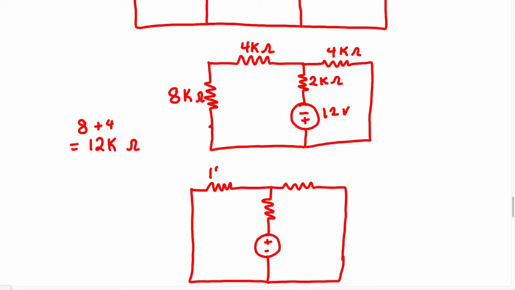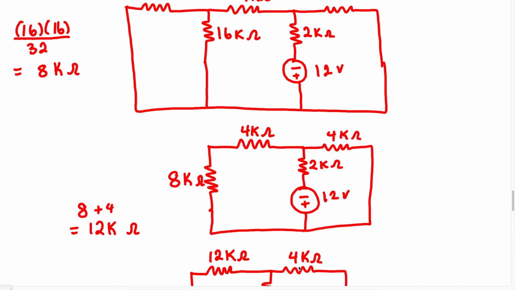So we have 12 kilo ohm, we have a 2K resistor here, and a 12 volt battery. The signs are a little different. It's going to be negative, plus, and we have a 4K resistor right here.